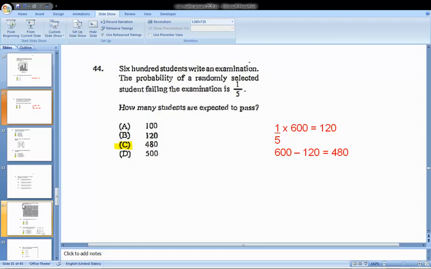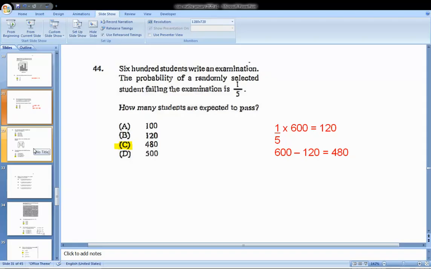Now, they want us to find out how many are expected to pass. So we simply subtract 120 from 600, which gives us 480 students who passed the exam. So C would be our answer.